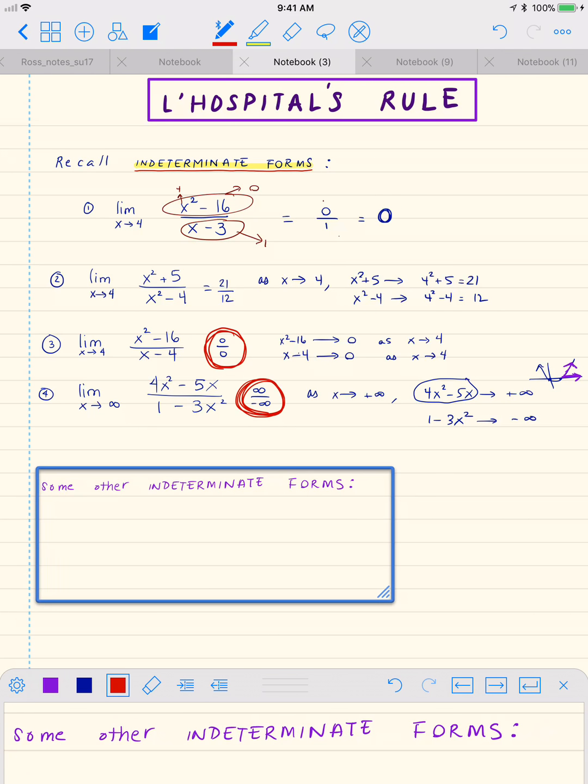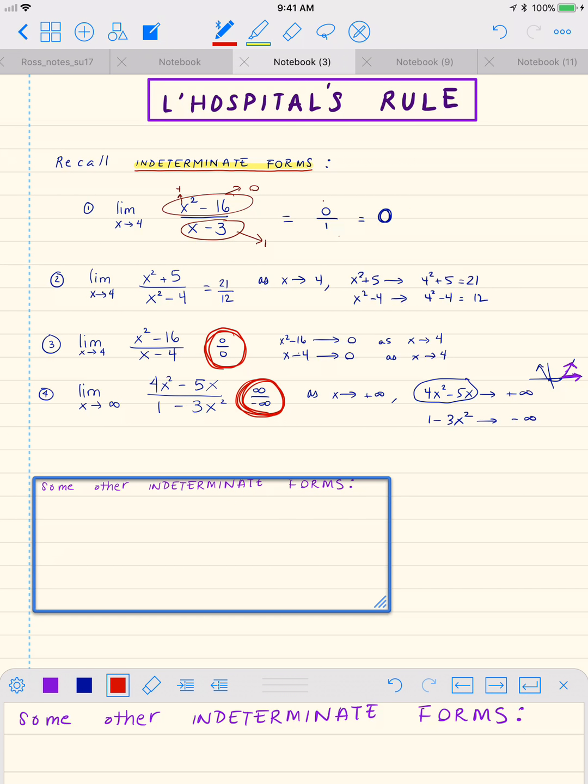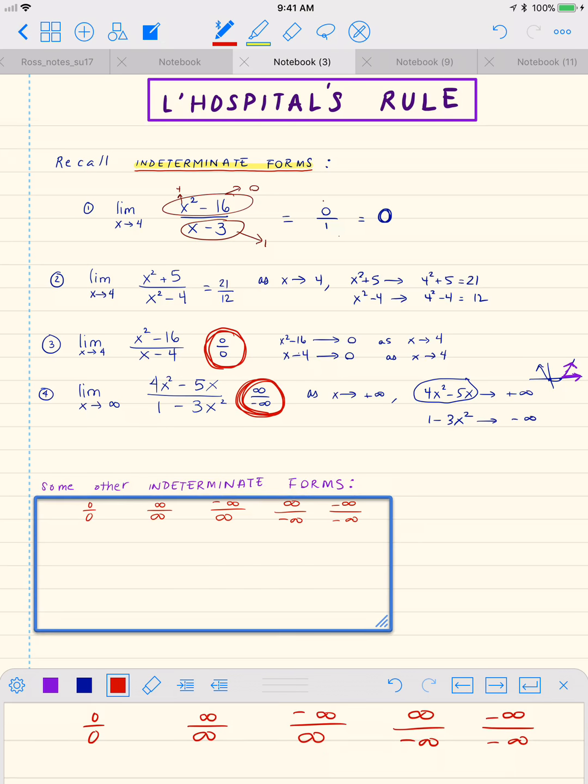An indeterminate form. So here are some other indeterminate forms. If you have 0 over 0, infinity over infinity, negative infinity over infinity, infinity over negative infinity, negative infinity over negative infinity, these are all indeterminate forms.